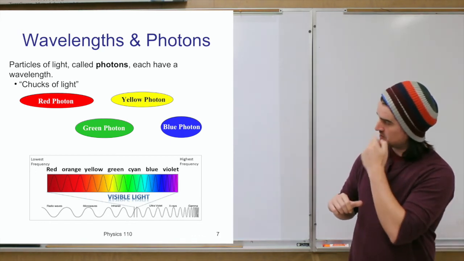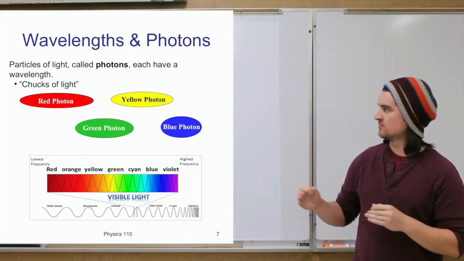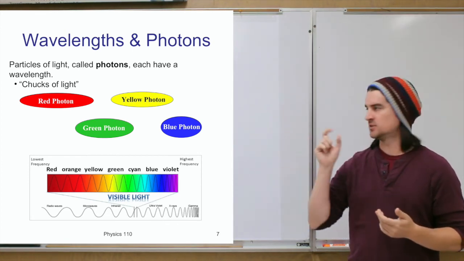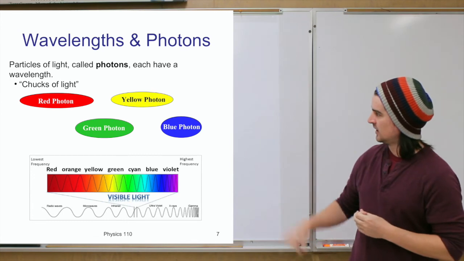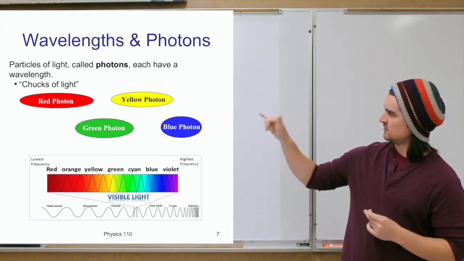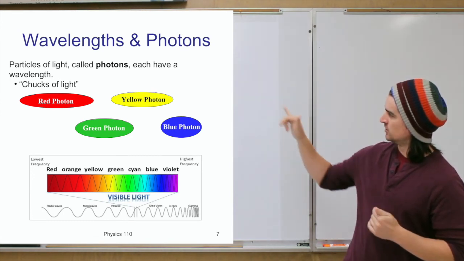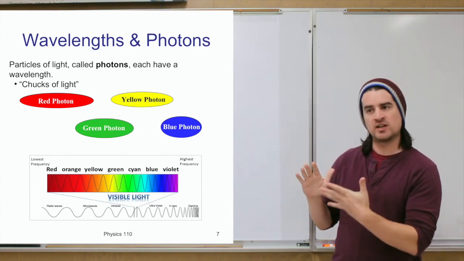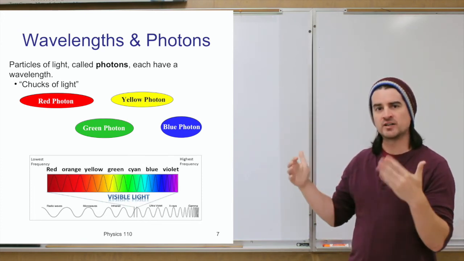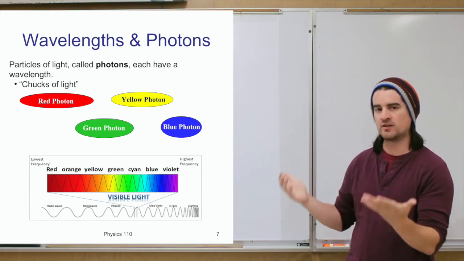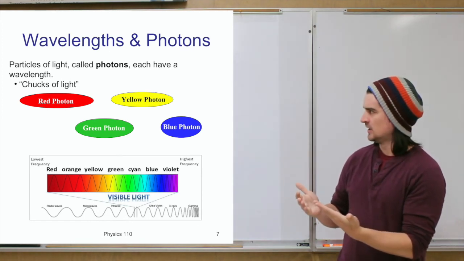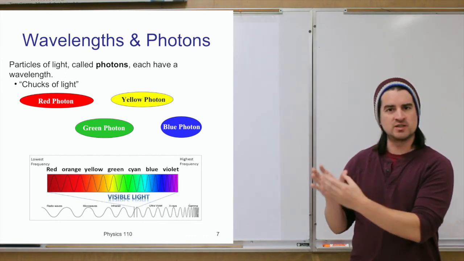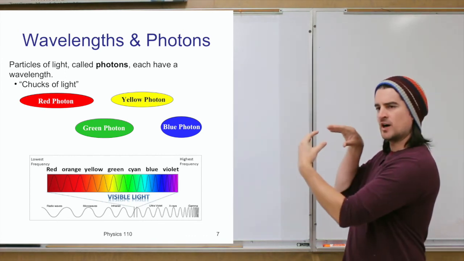So just to give you a heads up, sometimes we think of light as coming in little chunks, right? And if we were to depict them, maybe we depict them as these little ovals. And to indicate that it still has this wave-like nature, we would draw, say, a red photon as an oval, but a pretty wide oval, right?